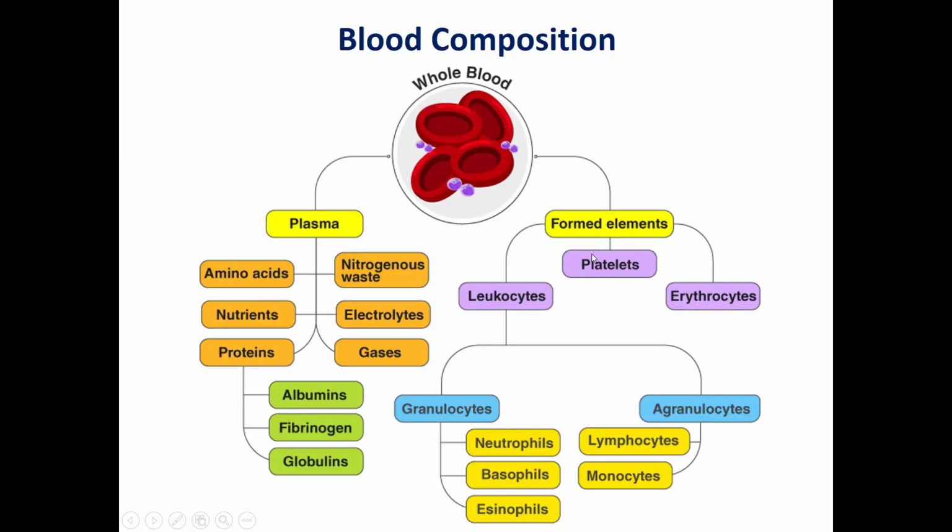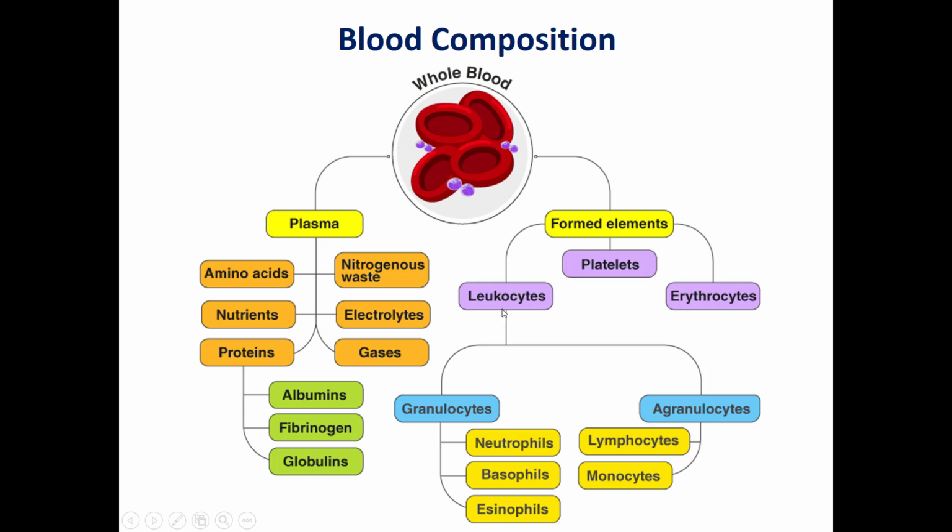So what is blood? Blood can be separated into two parts, the plasma and the formed elements, or the cells. The cells can be separated into three categories: the leukocytes or white blood cells, the platelets, and the erythrocytes or red blood cells.